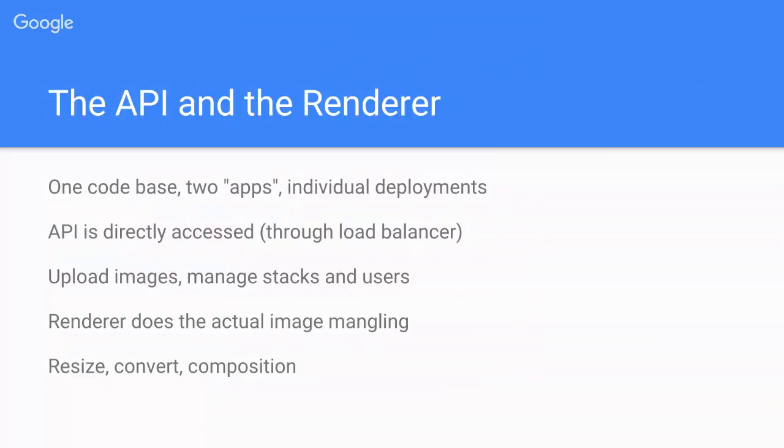That's for uploading images, managing stacks and users and all that stuff. And on the other hand, we have the renderer, which then does the actual image manipulation, resizing, converting, and then that's sent out over CloudFront. We're doing this to protect both rendering and API. For example, someone uploads 1 million images or tries to upload the same image 10,000 times per hour. Then the API can be a bit slow, but the rendering is still lightning fast, and nobody will complain about it.